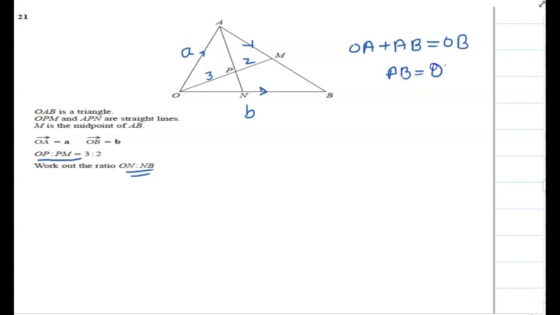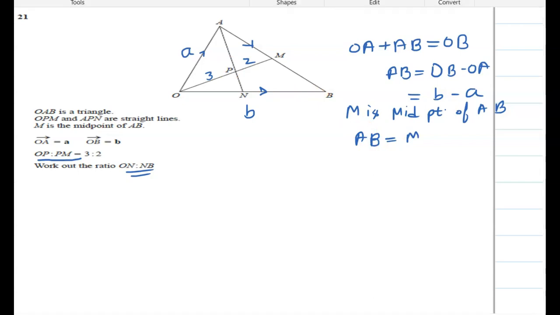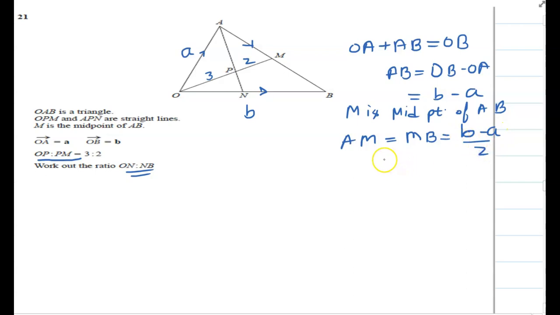AB is OB minus OA, OB is B and OA is A, so B minus A. Now since M is the midpoint of AB, we get AM equal to MB, that is B minus A divided by 2.